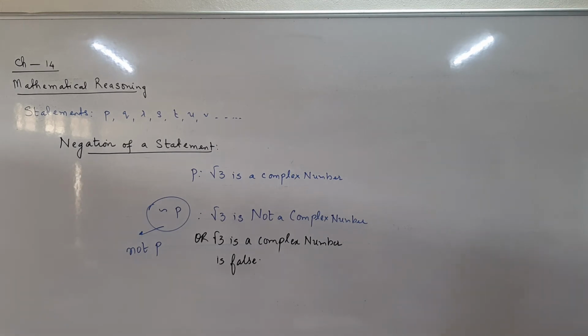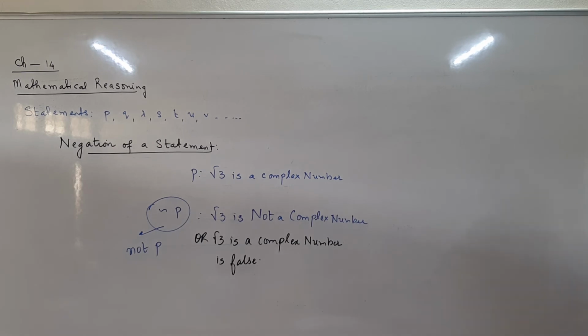Write it in different ways. So denial of the truth value of a statement, students, is called negation of a statement. Statements are usually denoted by small alphabets P, Q, R, S, T, U, V up to say X, Y, Z.